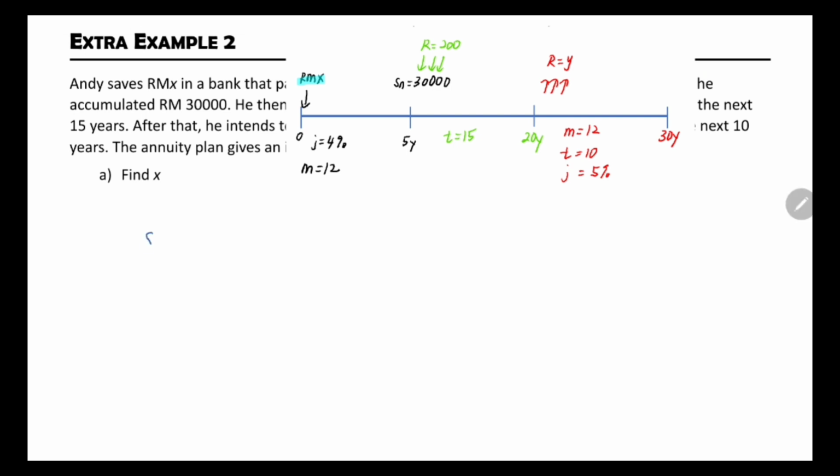So we use S equal to P(1 plus I) power n, compound interest, since this is not an annuity. So total amount in the bank is 30,000. P is X, 1 plus I, 0.04 compounded monthly for 5 years. So X equal to RM 24,570.09.